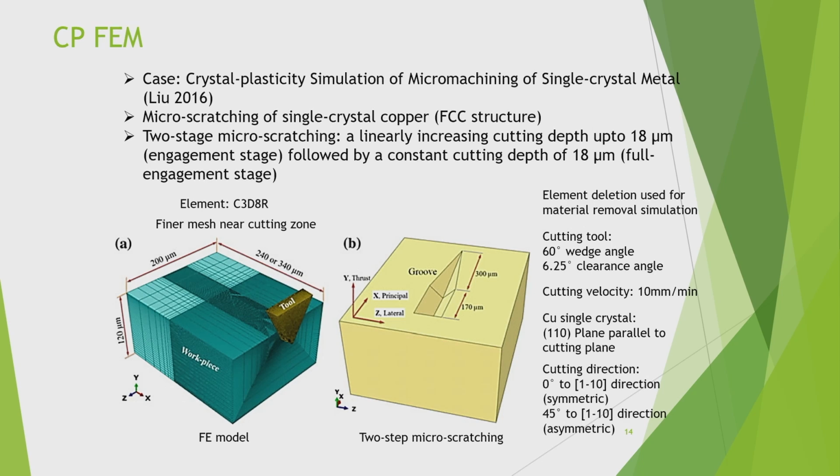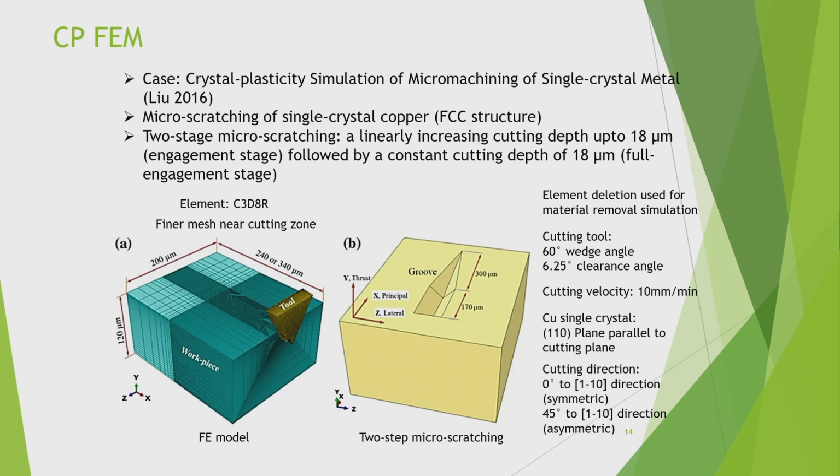And then another approach is using crystal plasticity simulation instead of molecular dynamic simulation, where you go atom by atom. This paper on crystal plasticity simulation of micro machining of single crystal material was published in 2006.